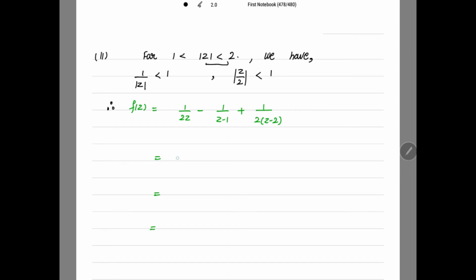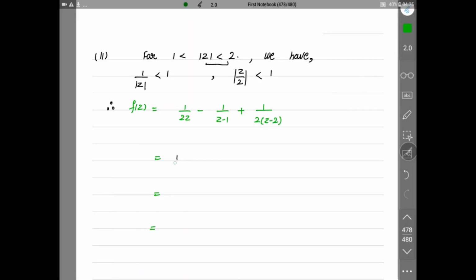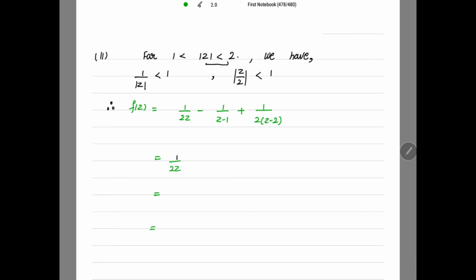So 1 by 2z can be written as it is, 1 over 2z. Now for z minus 1, I am having 1 over mod z less than 1. By making 1 by z in the denominator, what should I take common? I take z common, then only I can get 1 minus 1 by z, because I need 1 by z now.